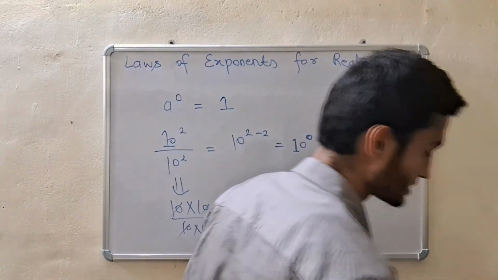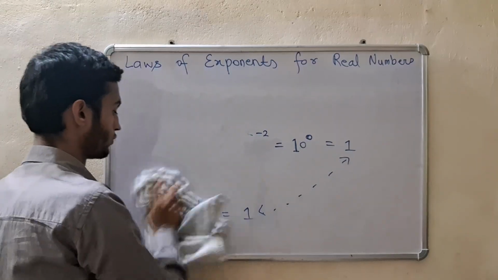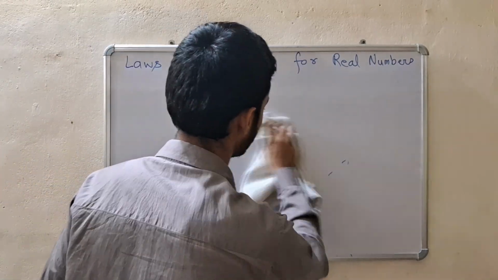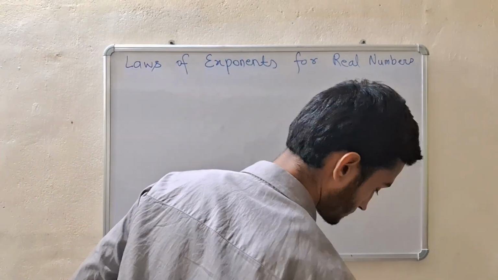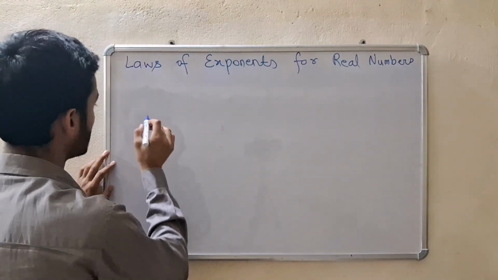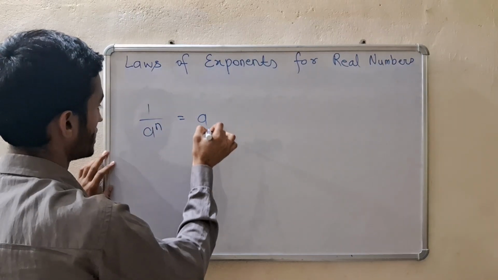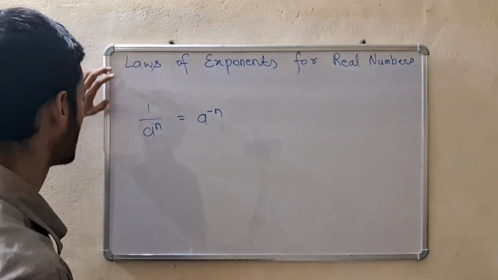So now we will extend this and apply it to derive this result. Using that, we will get this one: 1 upon a to the power n equals a to the power minus n. Why is it so?